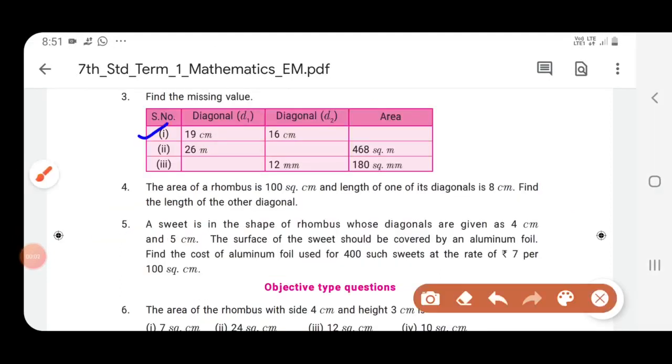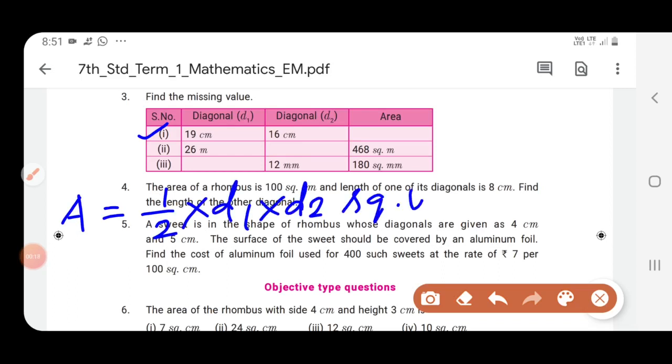First subdivision, they have given D1 as 19 centimeter, D2 as 16 centimeter. We need to find the area. We know that when D1, D2 are given, our area formula is half into D1 into D2 square unit. Here we need to substitute the values. D1 is 19, D2 is 16.